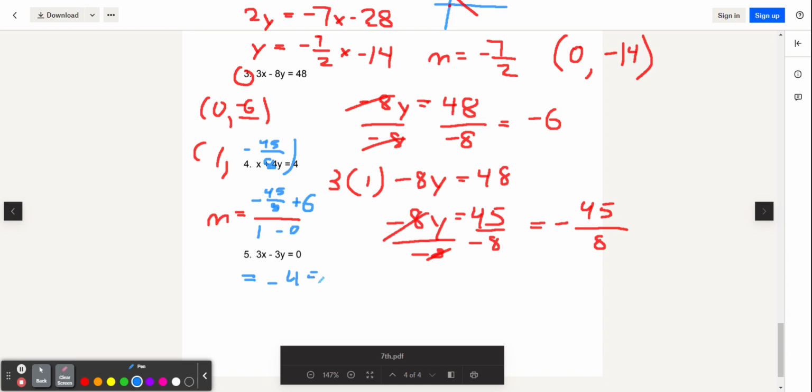So this is -45 over 8 plus 6, which is -45 over 8 plus 48 over 8, making the denominators the same, which is 3 over 8. The slope of the line is 3/8.